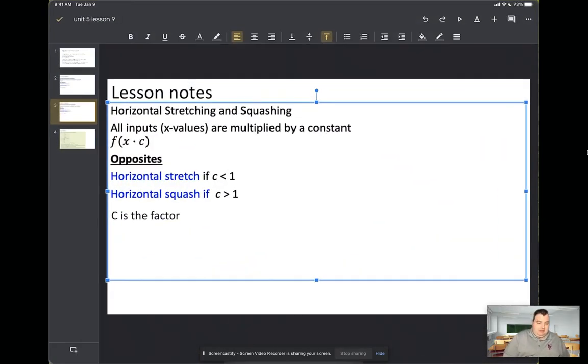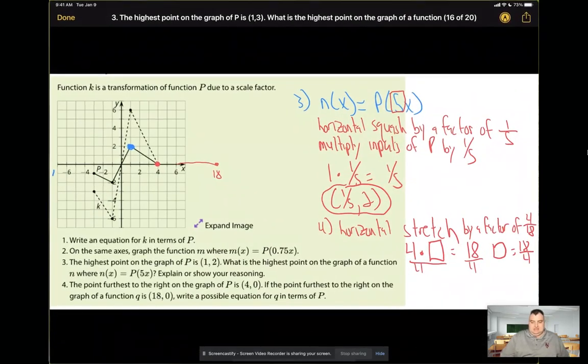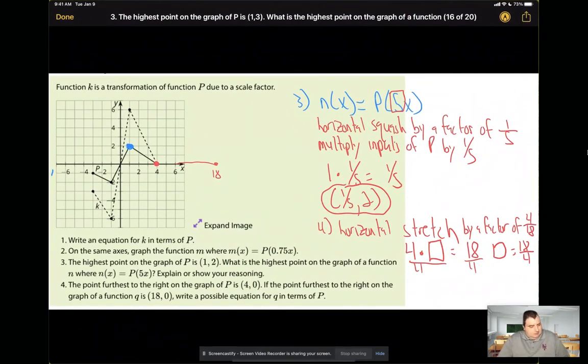So when we write this, q of x equals P of 4/18 x.